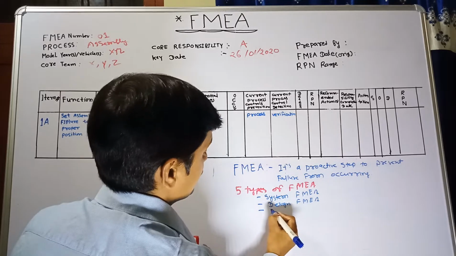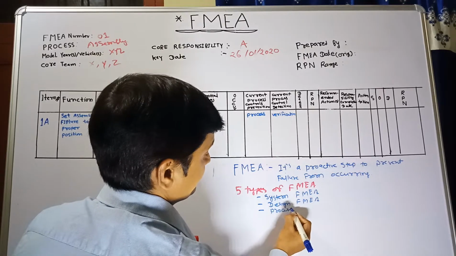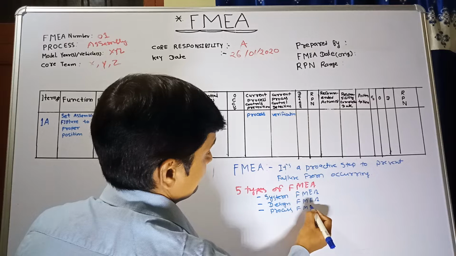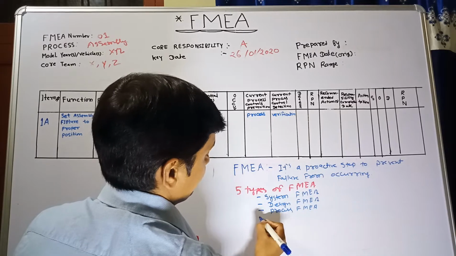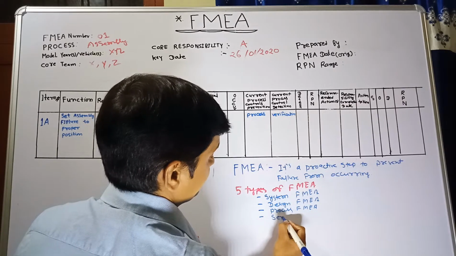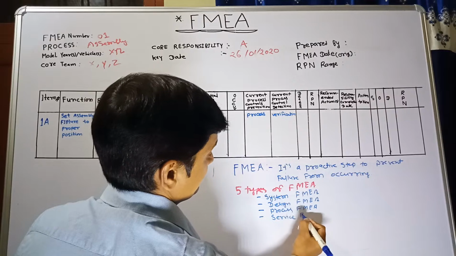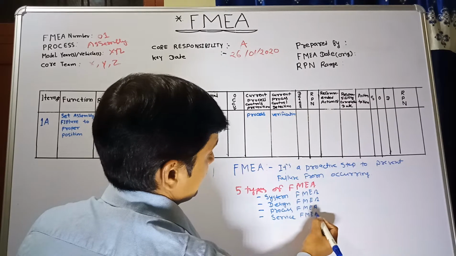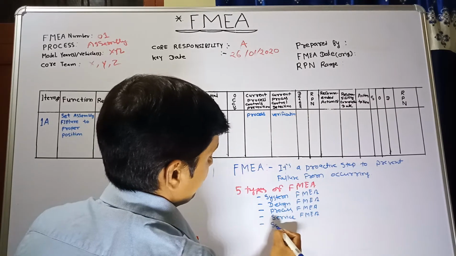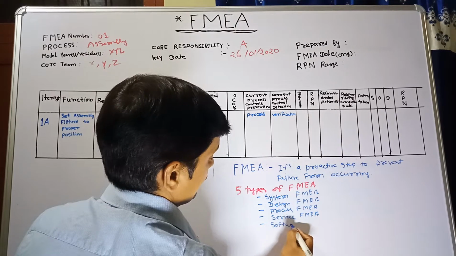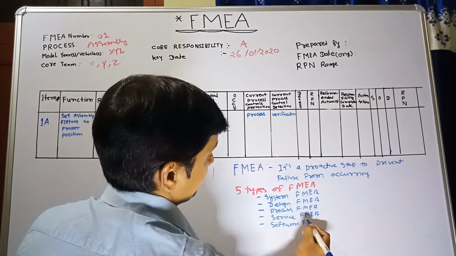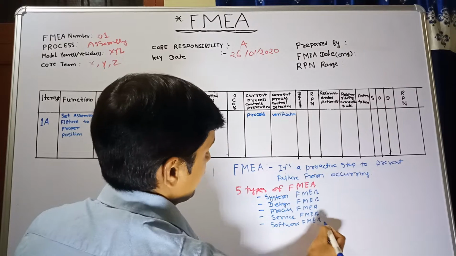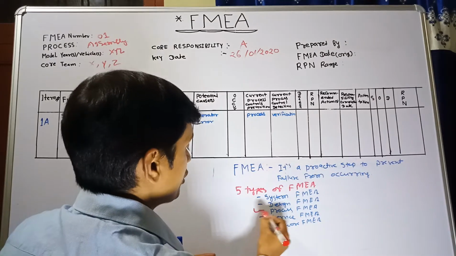Third is the process FMEA. Fourth is the service FMEA. And the last is the software FMEA. So today I will discuss the process FMEA.